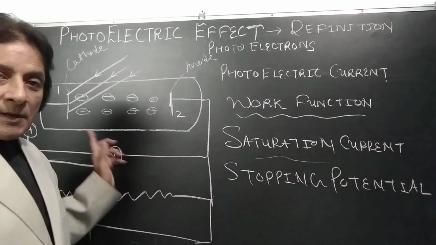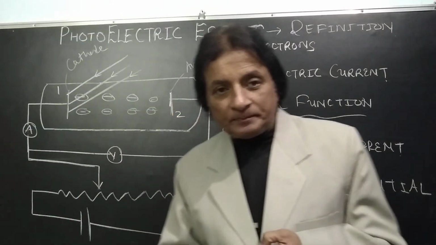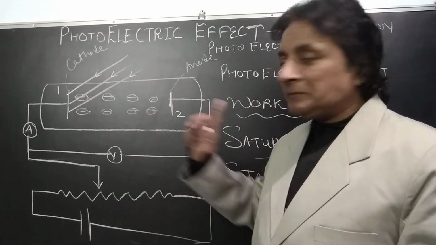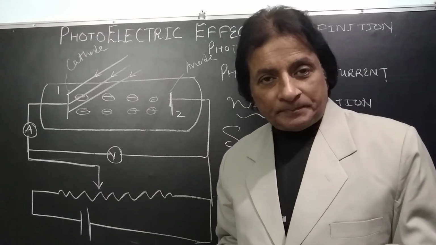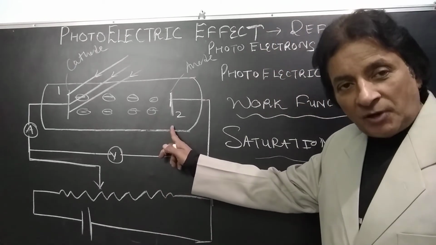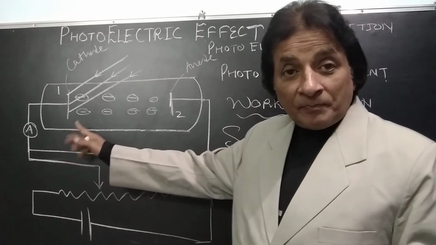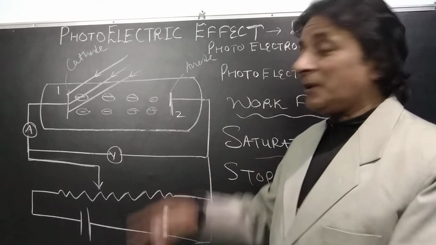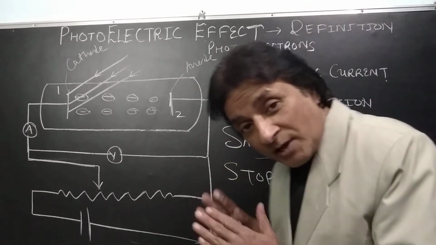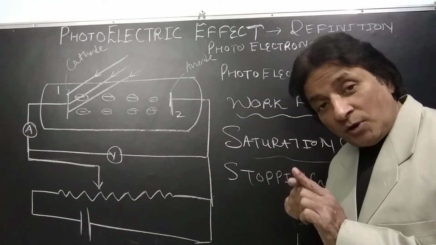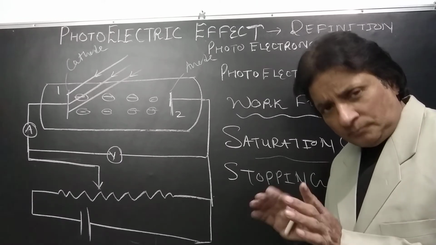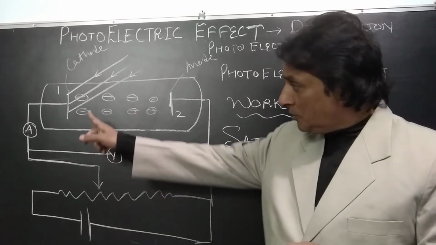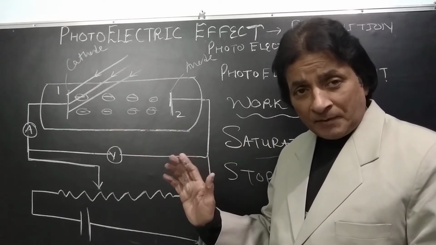You know, electrons are negatively charged. When the cathode is pushing the electrons, they are accelerated. The anode is positive, cathode is negative. Now we are decreasing the potential of the anode, meaning we are making the potential of the anode negative. Are you getting it? Electrons are negatively charged. They are moving towards the anode.